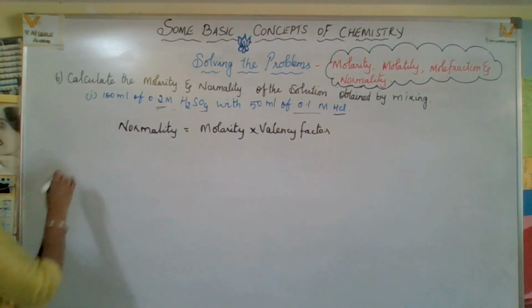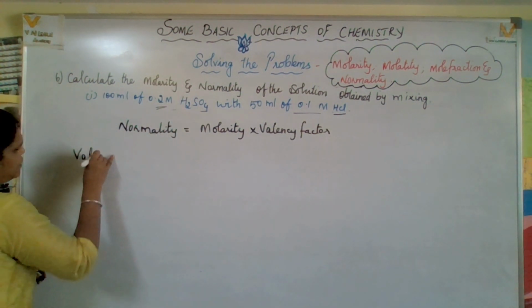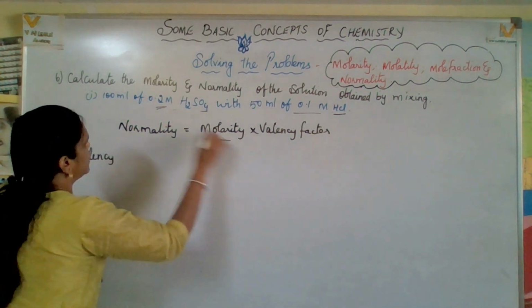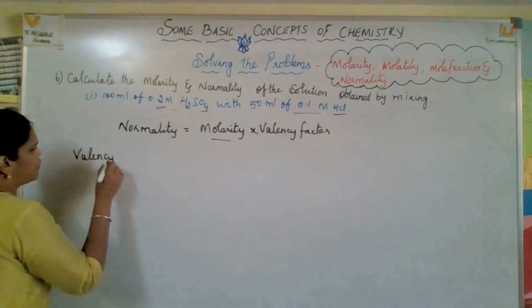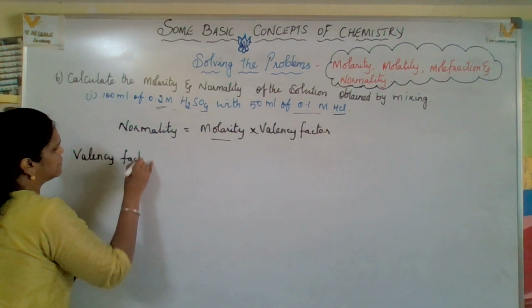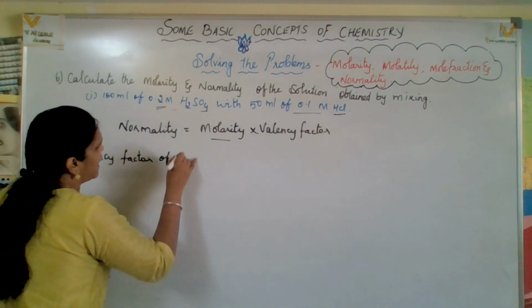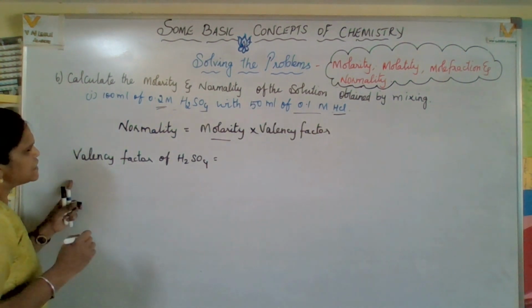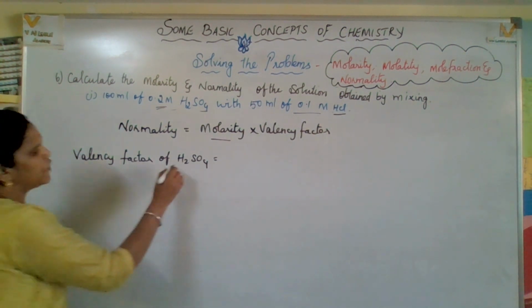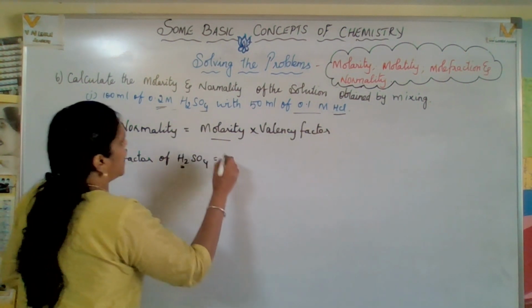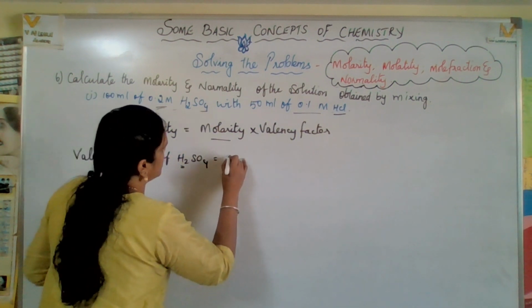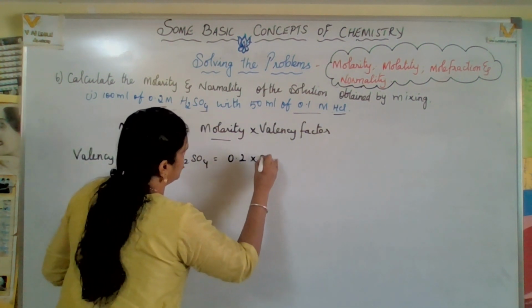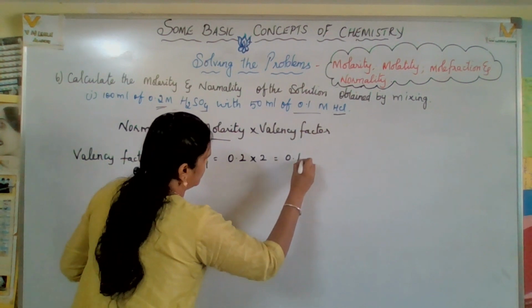Okay, now let us identify the valency factor. Molarity they have already given. So the valency factor of H2SO4: what is the valency factor of H2SO4? It's 2. So the normality of H2SO4 is 0.2 into 2, equal to 0.4.